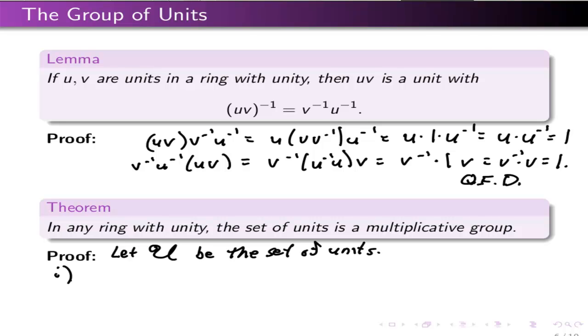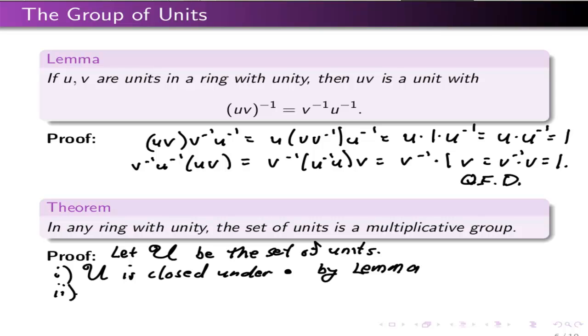First of all, we need U to be closed under multiplication. That's our binary operation here. And that follows immediately from the lemma. The lemma says the product of two units is a unit.